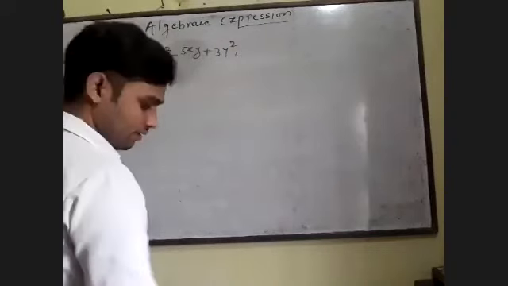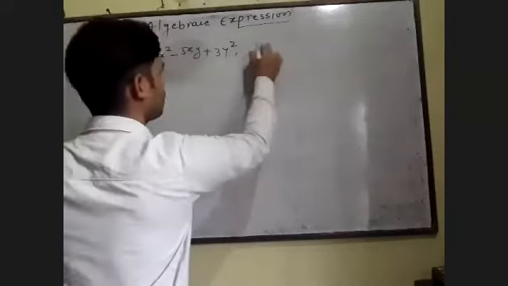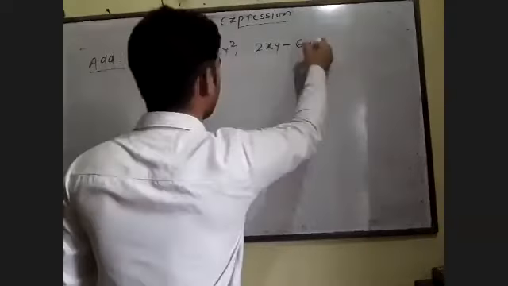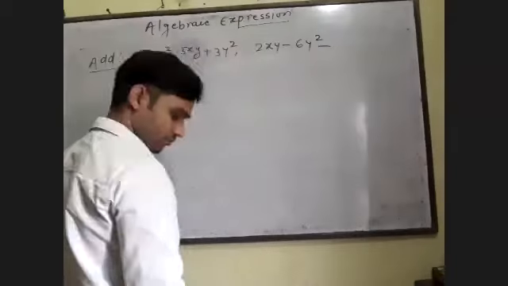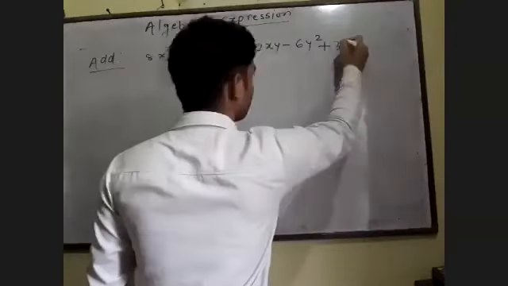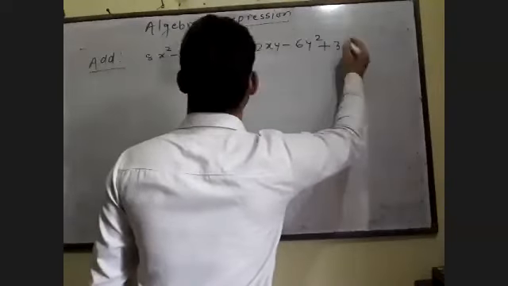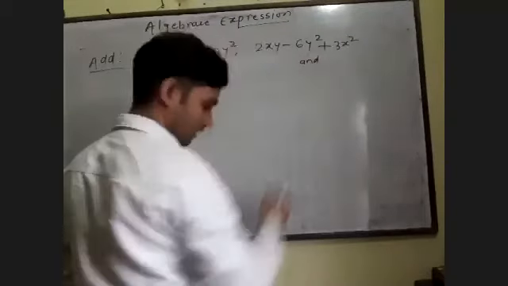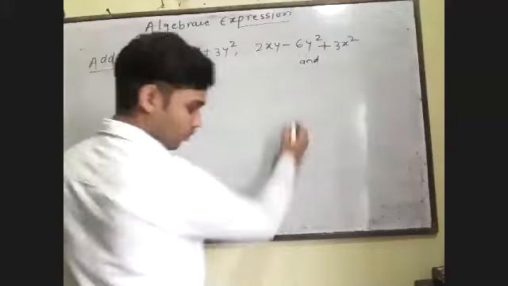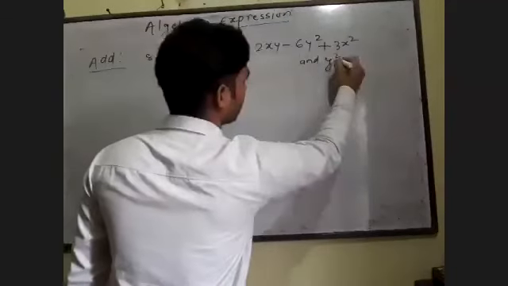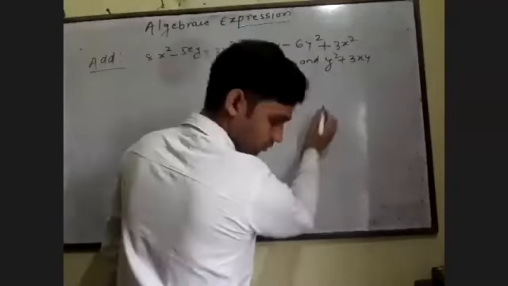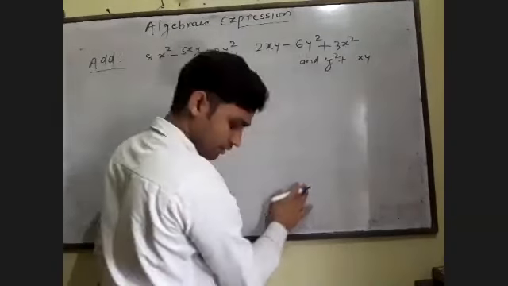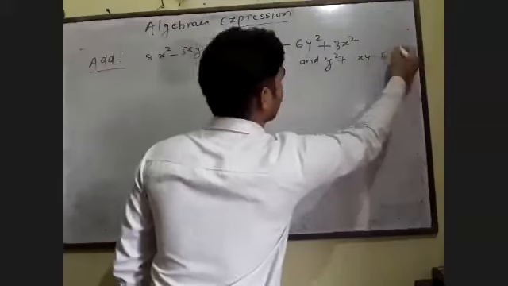Next is 2xy minus 6y square plus 3x square, and one more is y square plus 3xy, only xy it is, minus 6x square.